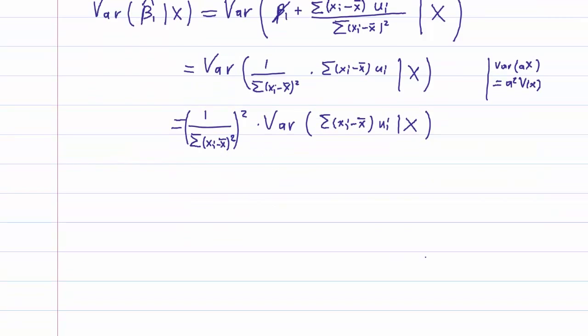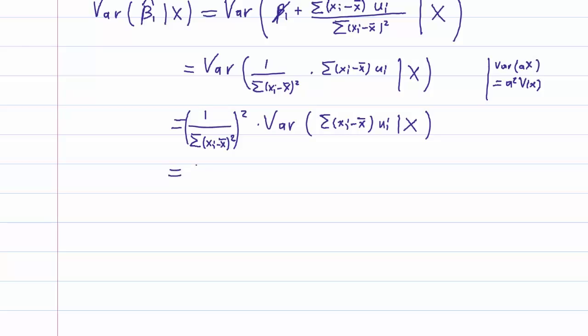Now we are going to use another rule that says that the variance of a sum is the sum of the variances if the elements of the sum are linearly independent. Here we can say that the elements are linearly independent, not correlated, because we have independent rows. We have a random sample.